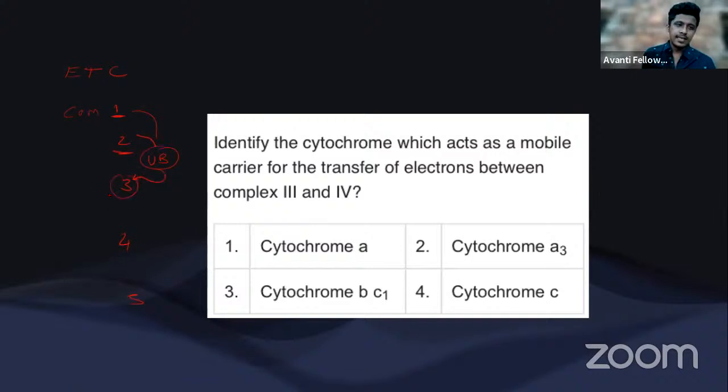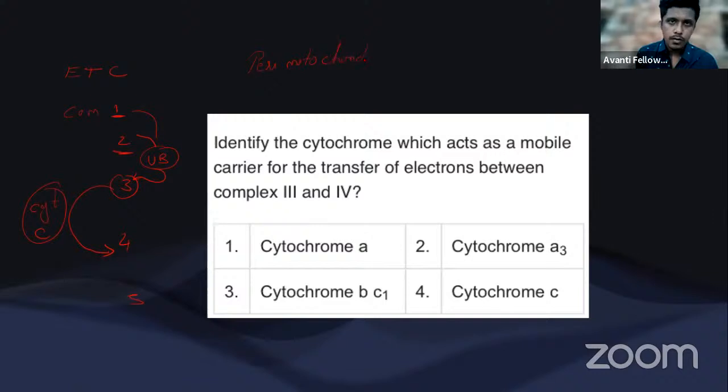And complex 3 gives out its electrons through this mobile electron carrier called cytochrome C. The cytochrome C is a mobile electron carrier that is present in the intermembrane space, the perimitochondrial space.